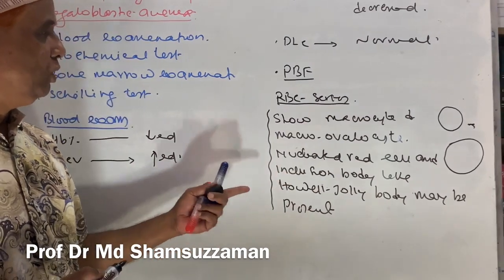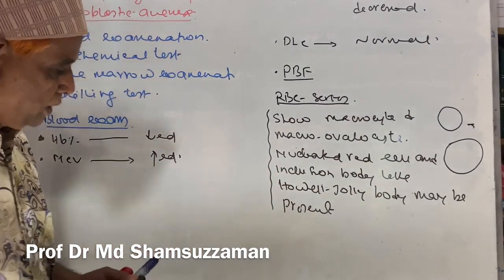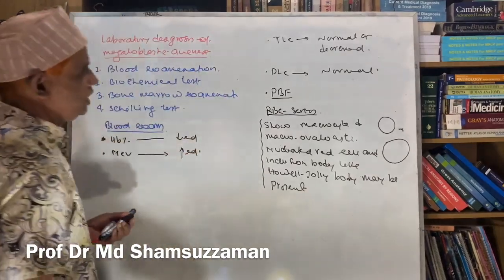In addition, you can get nucleated red cells and also inclusion bodies like Howell-Jolly body.